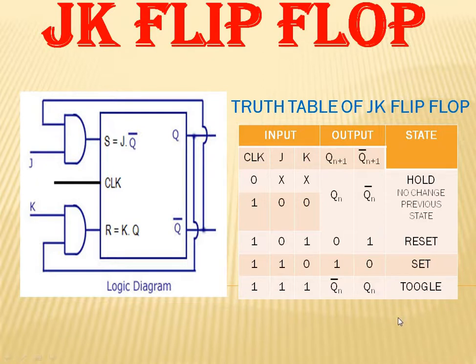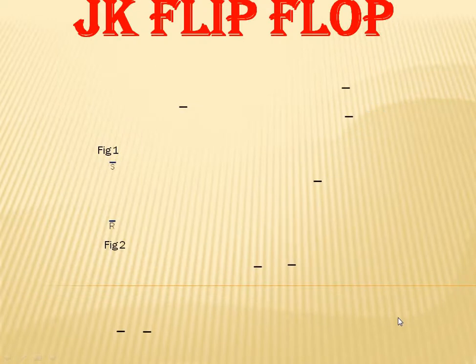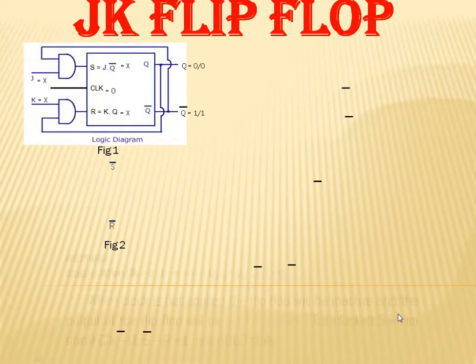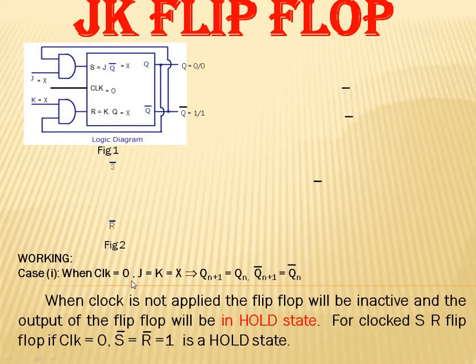Let us see the working of the JK flip-flop. Case 1. When clock is not applied, irrespective of J and K inputs, the flip-flop enters into hold state, because when clock is not applied, the flip-flop will be inactive and the output will be in hold state.